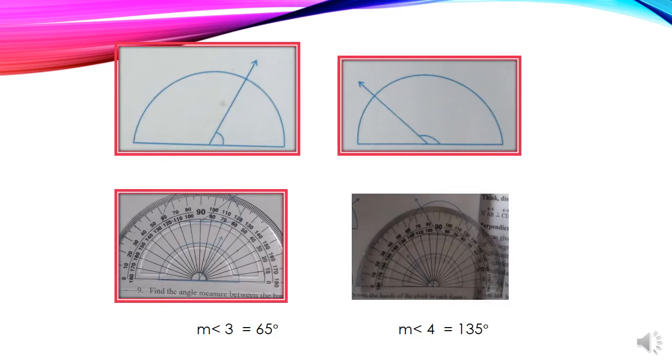Children, and this is the third figure in question number 8, and looking at this figure we can say it is less than 90 degree and it is an acute angle, and measuring using the protractor, see, here protractor baseline is kept along this arm and the other arm we are seeing the measurement in the protractor, and see the base of the protractor is here and we are noting down 0, and now we have to go in this direction and see the second arm is reaching here and it is between 60 and 70 and it is at a 65.